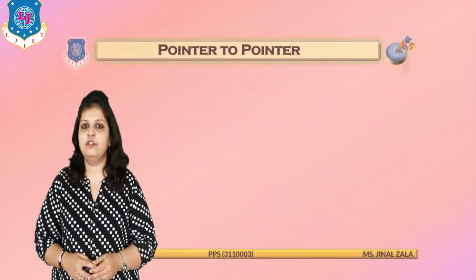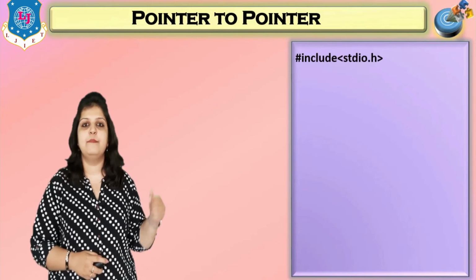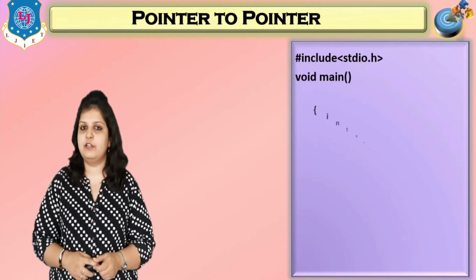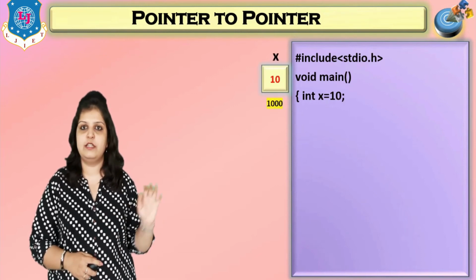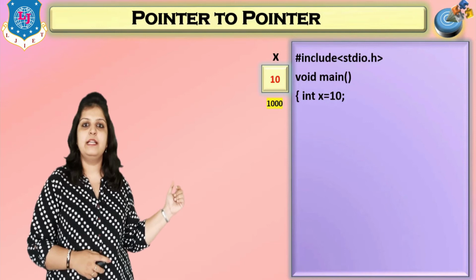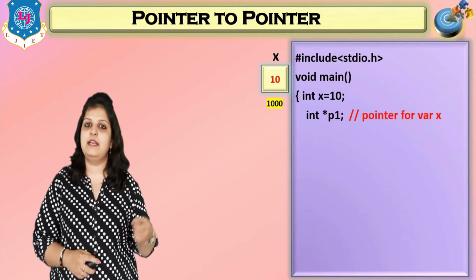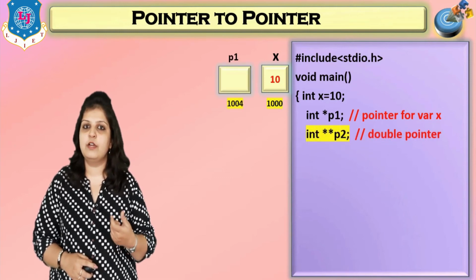First of all, include the library: #include <stdio.h>. Then write the main function. In the main function I am writing int x = 10. So x = 10 is stored at a particular location, that is 1000. Now I am declaring two different pointers. So again for pointer p1 and double pointer p2, one memory location will be allocated.